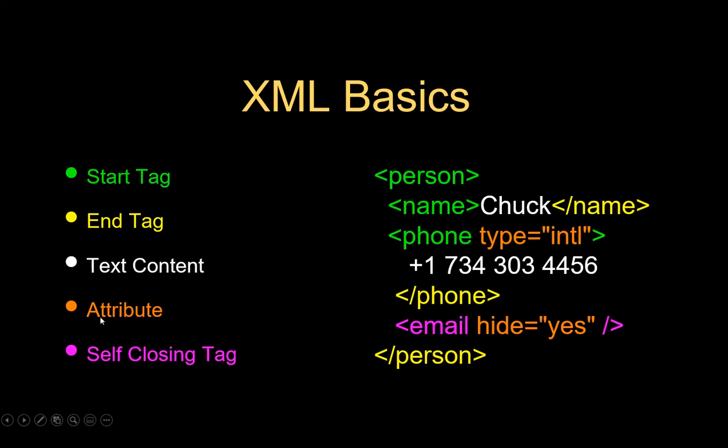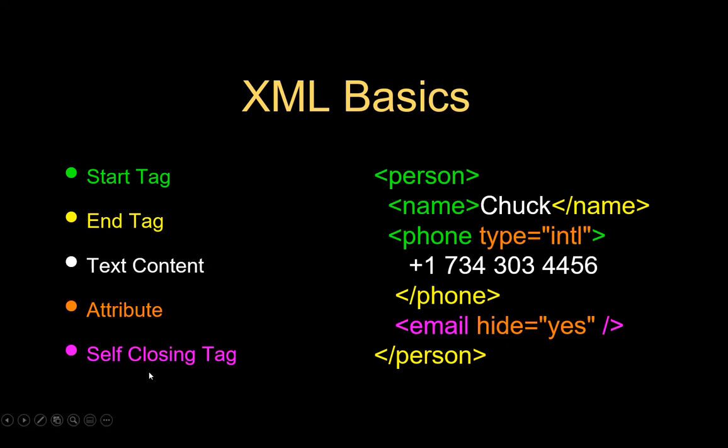And we have attributes. Attributes are presented here by orange. In this case, we have a self-closing tag, which is email, with the attribute hide, which is yes. So this email address is hidden in the real world because it has this hide attribute.